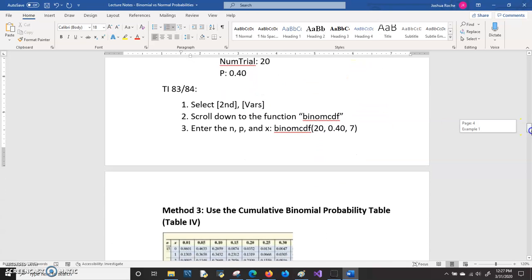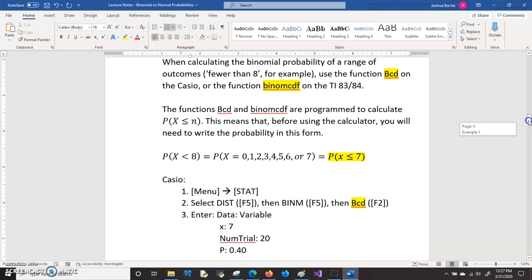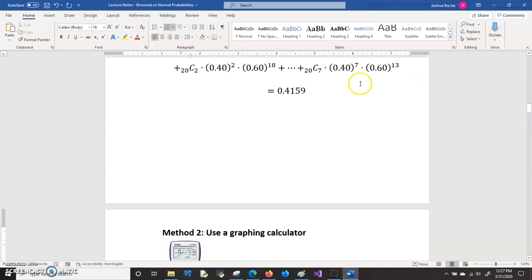If you're using a TI-83 or 84, you'll follow these steps, use Binomial CDF, and then enter the n, which is 20, the p, which is 0.40, and the x, which is 7. And you'll come out with the same result, 0.4159.